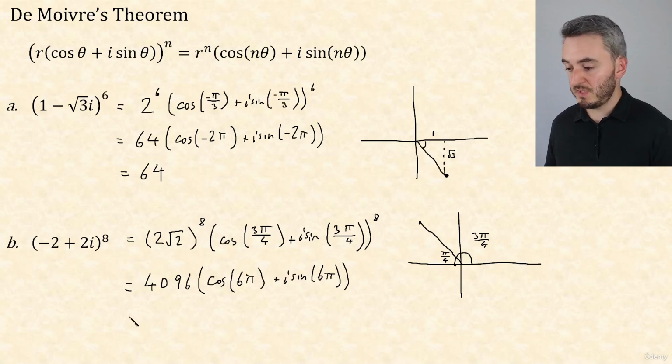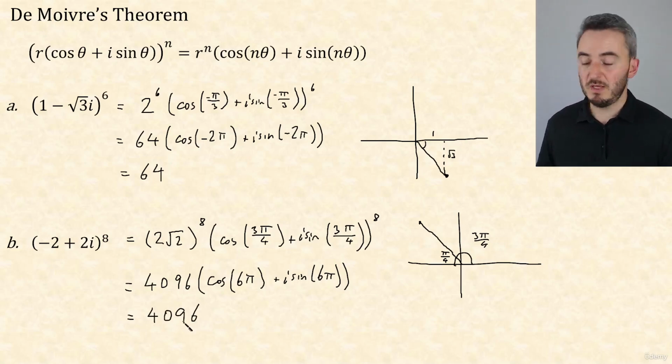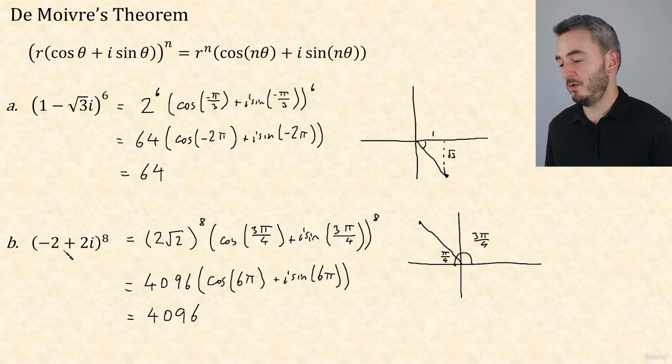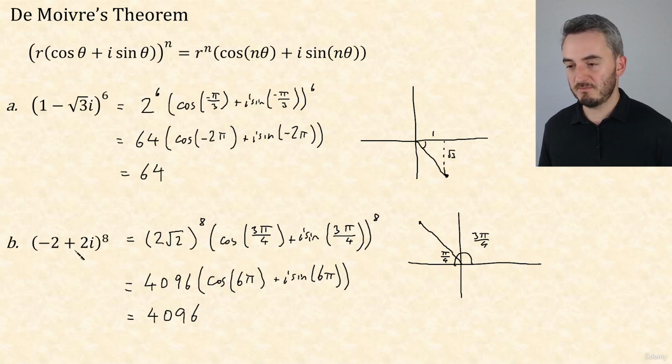Now, cos of 6 pi is 1 and sine of 6 pi is 0. So once again, it's just 1 inside here, and our answer is 4096. So one way to think about this is we've just discovered that minus 2 plus 2i is one of the 8th roots of 4096.